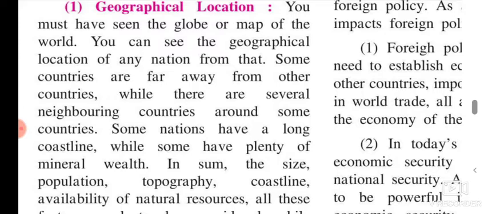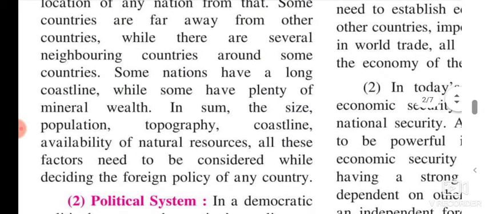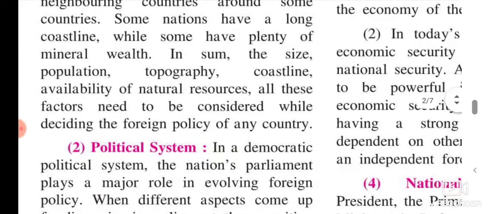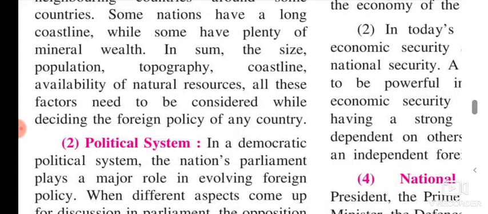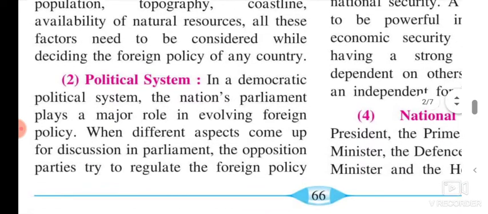Some countries are far away from others, while there are several neighboring countries around some countries. Some nations have a long coastline, while some have plenty of mineral wealth. In some, the size, population, topography, coastline, availability of natural resources, all these factors need to be considered while deciding the foreign policy of any country.